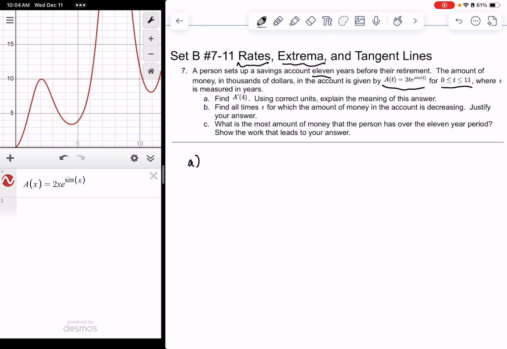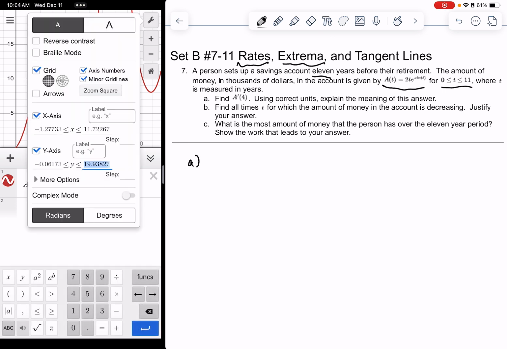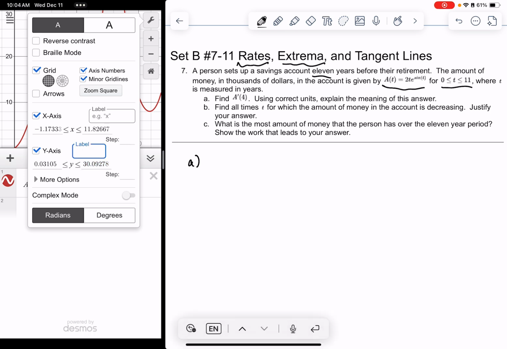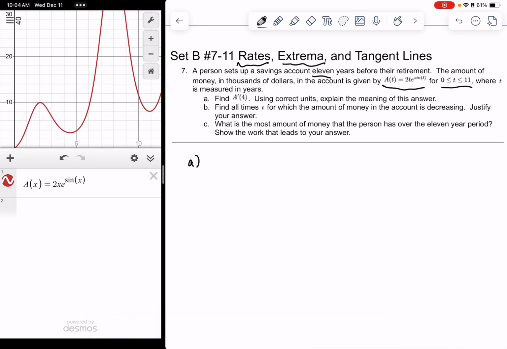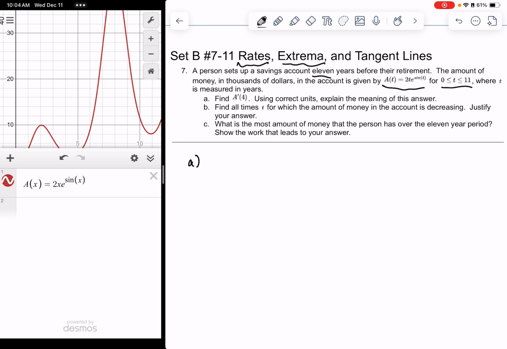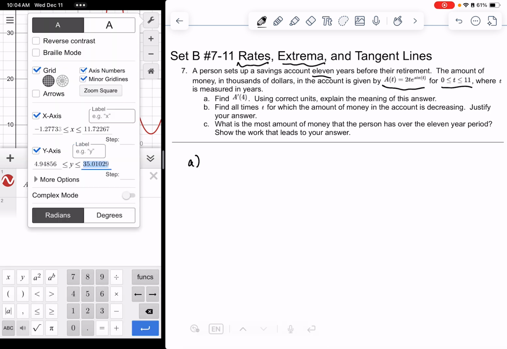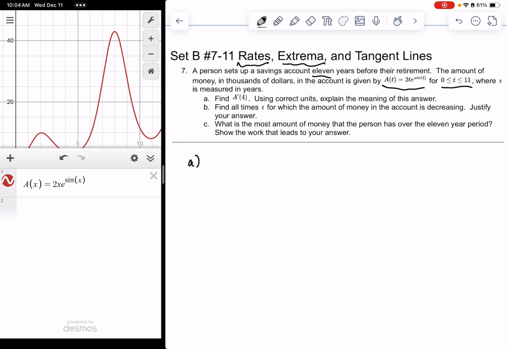Still not enough. Okay, so let's go a little bit further. From 0 to, let's say, 30. Still not enough. Keep going. All right, 0 to 40. I think this should be enough. Oh my goodness, that was the wrong thing. That was the label. We want this to be about, let's just say 50. 0 to 50. Okay, there we go.